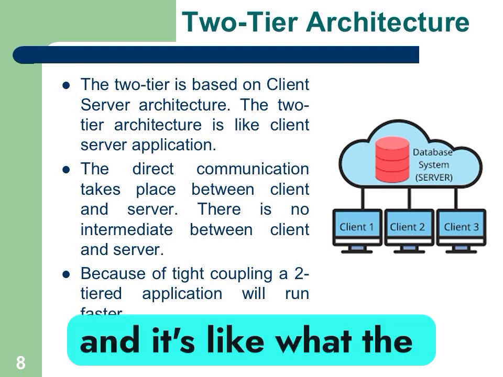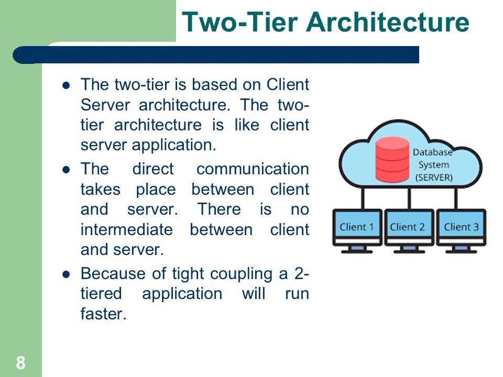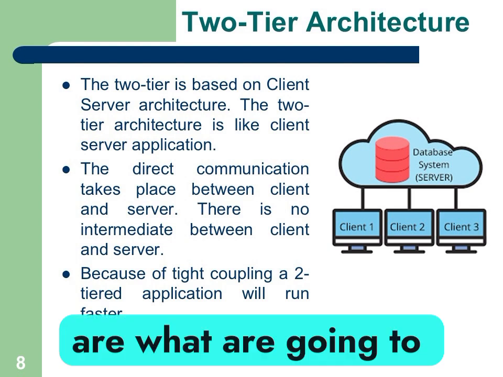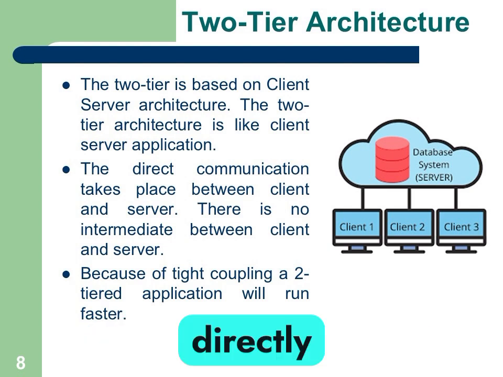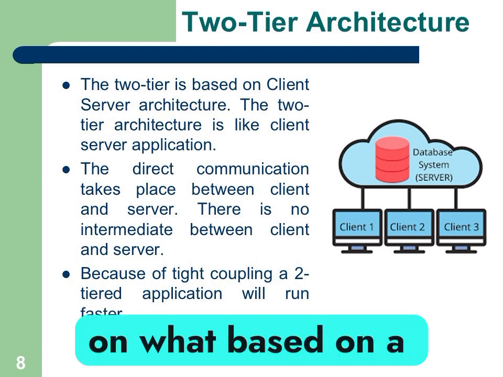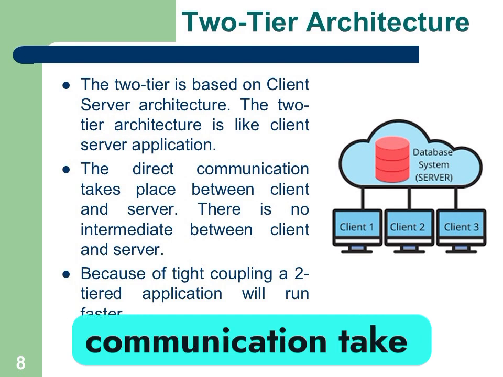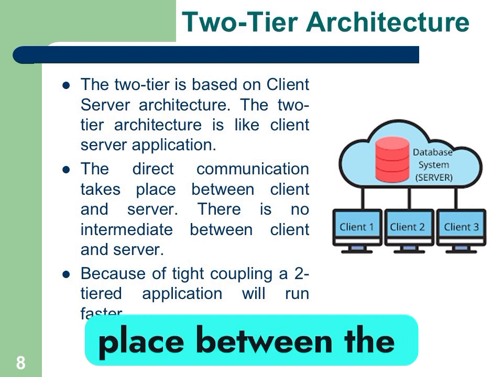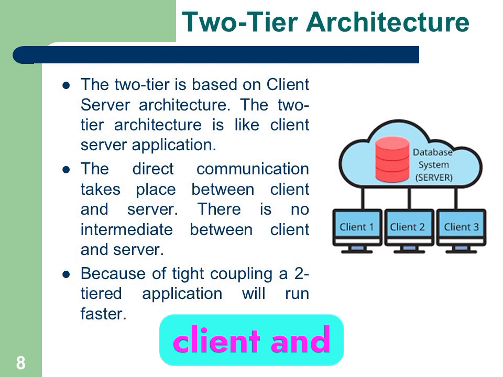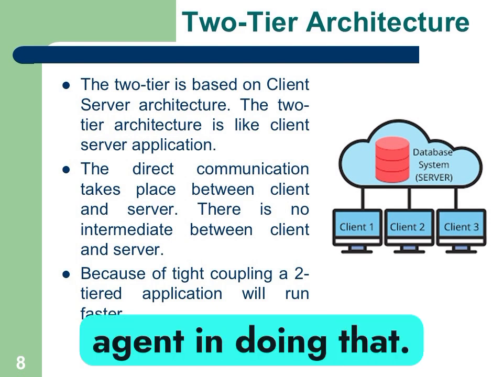The client and server applications communicate directly. This is based on a client-server architecture where direct communication takes place between the client and the server without any intermediaries. That is, there is no agent in between.